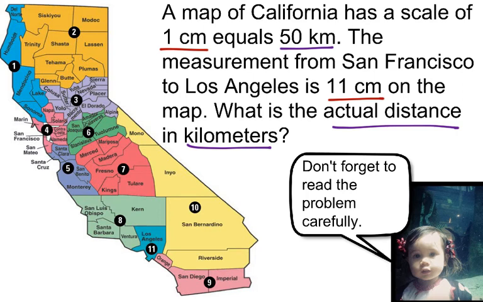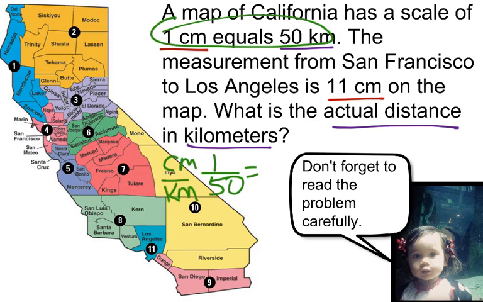So there's a few ways that you can set this up, but in this case I'm going to look at the first ratio, which is 1 centimeter is 50 kilometers. So I have centimeters over kilometers. Now my second piece is 11 centimeters.